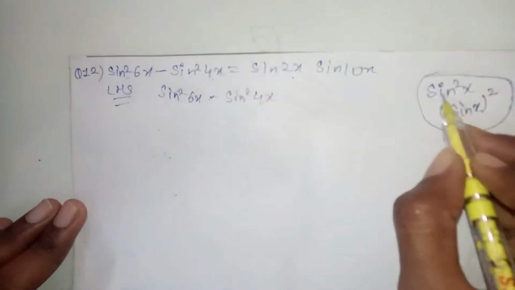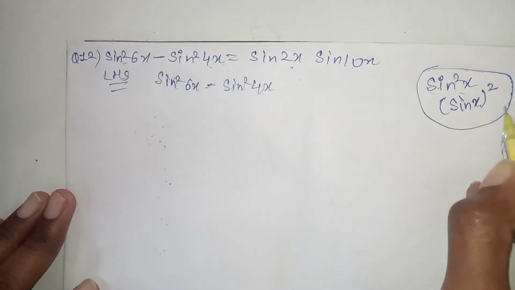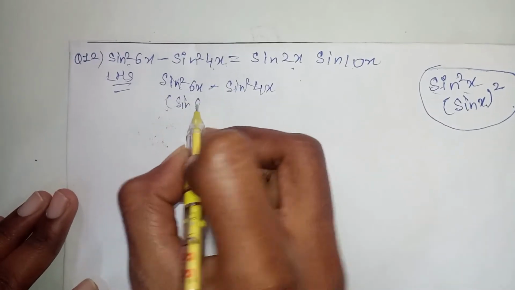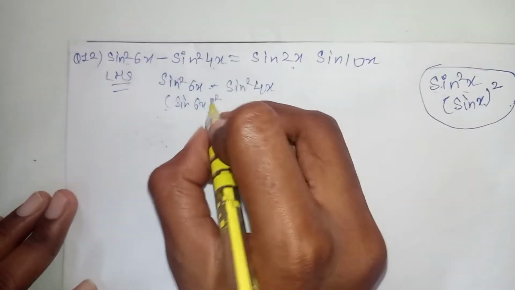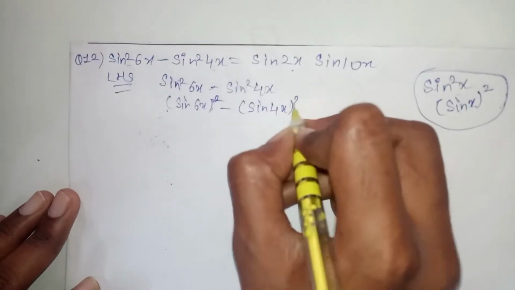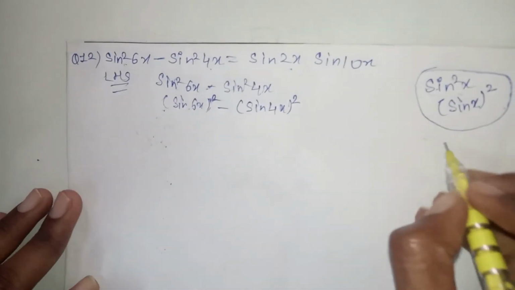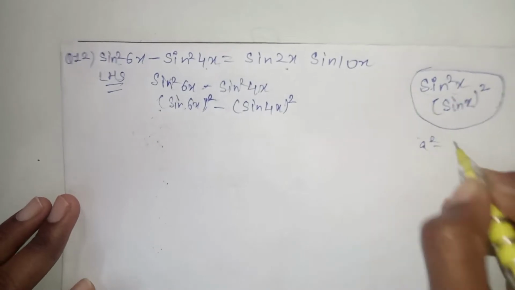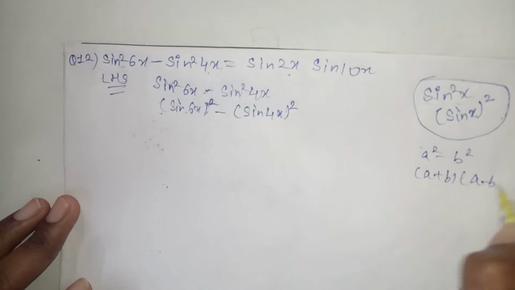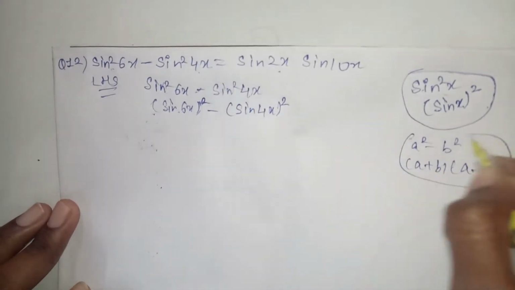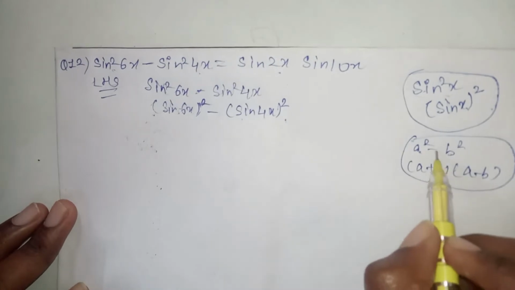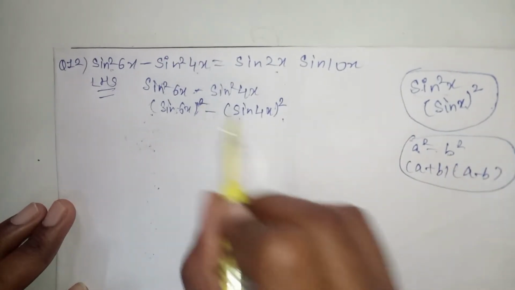However, as I have said, sine square x we can write as sine x whole square, same as it is: sine 6x whole square and sine 4x whole square. As we know one formula, a square minus b square is a plus b into a minus b, right? Same, see, a is sine 6x, b is sine 4x, middle minus is there, square square.